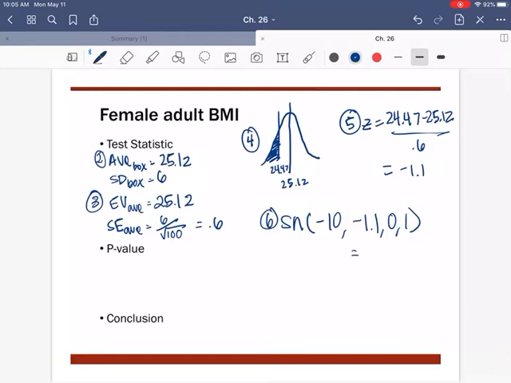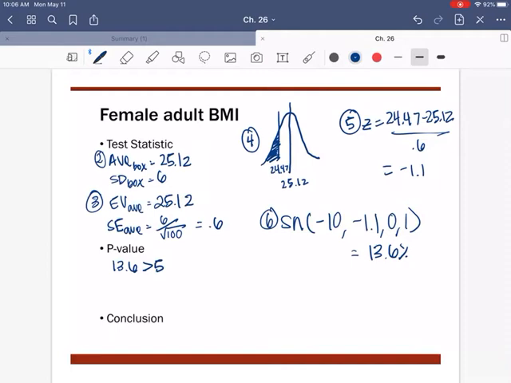So shade norm, negative 10 to negative 1.101. This should be a pretty big number, because negative 1.1, that's a very reasonable standard error.